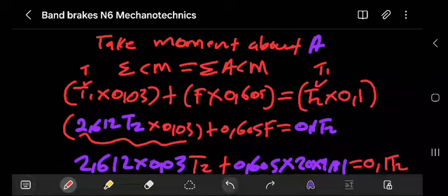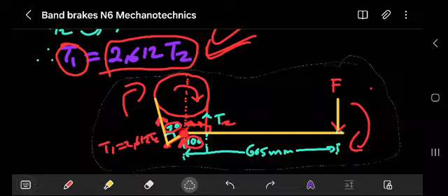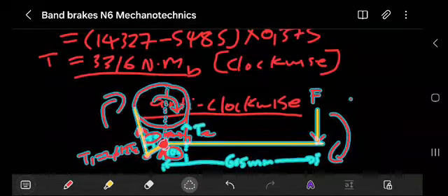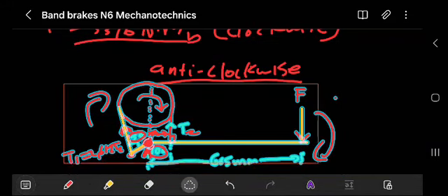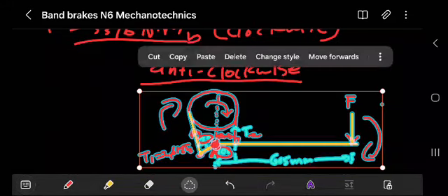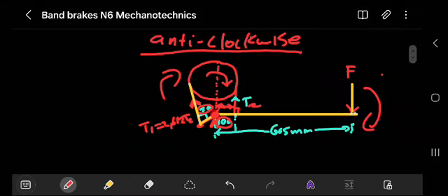You can switch if you want it fast, or you can start afresh again, taking this diagram and rotating it anti-clockwise, or you can take this diagram again and take the moment about A. But so far you're supposed to just switch everything around. It's the one and the same thing, just switching everything around, taking moment about A.